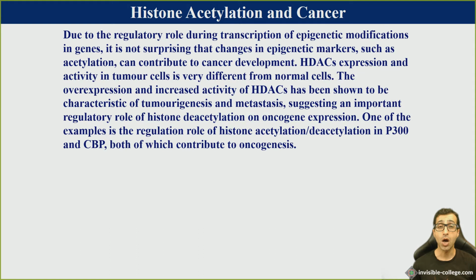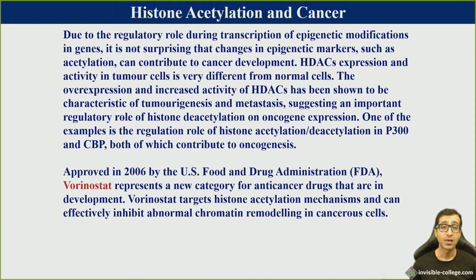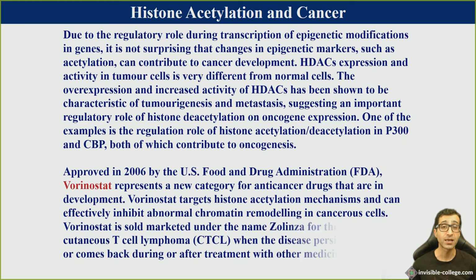Vorinostat targets histone acetylation mechanisms, and this can effectively inhibit abnormal chromatin remodeling in cancerous cells. It is sold and marketed under the trade name Zolinza for the treatment of cutaneous T-cell lymphoma, or CTCL, when the disease persists, gets worse, or comes back during or after treatment with other medicines.